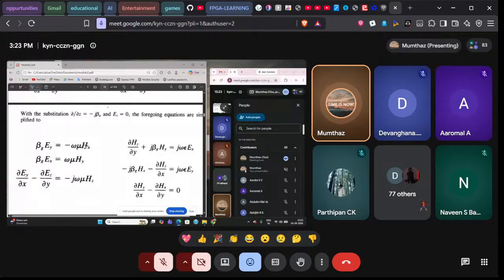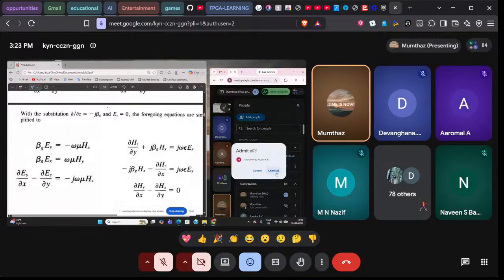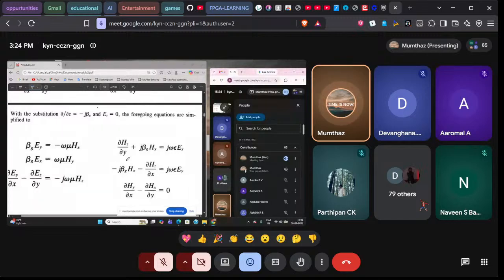Similarly, if you substitute for Ex beta g, Ex equal to omega mu Hy. Okay, and for dou by dou x of Ey minus dou by dou y of Ex is equal to minus j omega mu Hz. Here we couldn't substitute anything, so it happens to be that. Now here you will get equations, and you will get equations here.